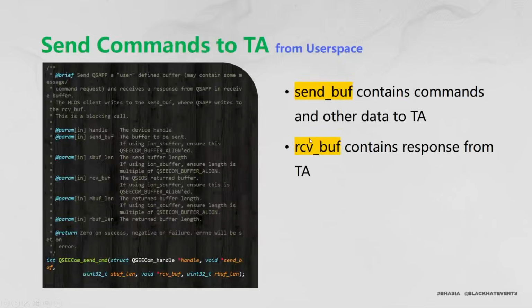Before that, we'll take a look at how commands are sent from the user space to the TA. Here is a very basic send command API that contains no shared memory feature. It will have the send buffer and its length, and the receive buffer and receive buffer length.